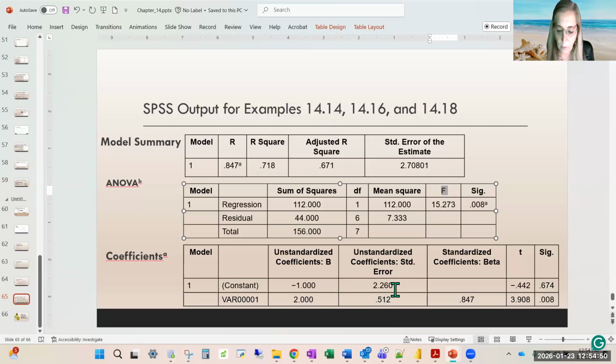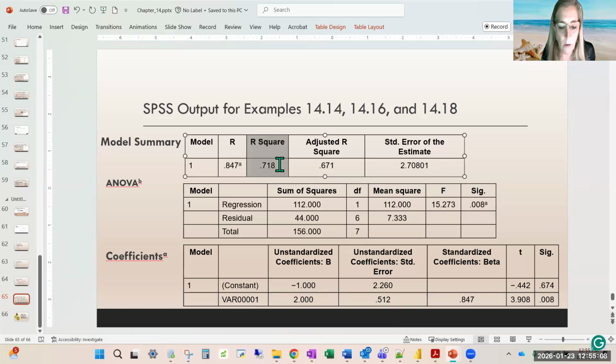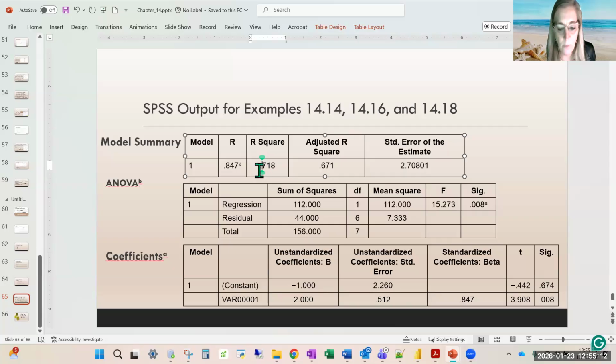The coefficients will tell you if there's a relationship between each of these variables and the dependent variable. Up here, this is where you find effect size for regression, and it would be right here under R squared. So you can say that 71% or almost 72% of the variance is accounted for by the dependent variable.